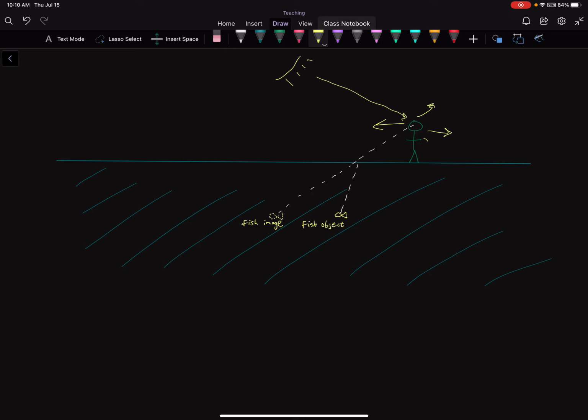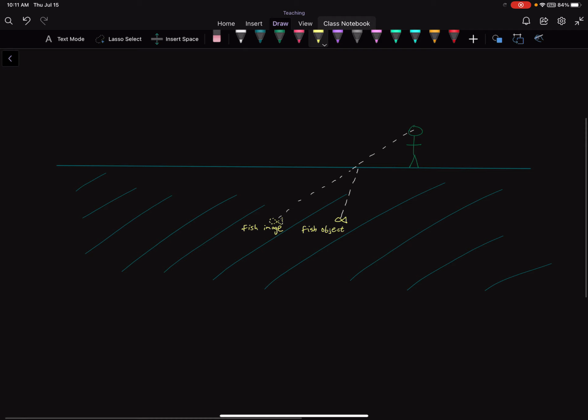That's how it works, right? So at all points of the human, there's light that's reflecting in all directions. And so that way we can talk about the human as acting as an object where it has light radiating from it. And so the one that we most care about is the one that makes it to the fish. And this is the real fish.